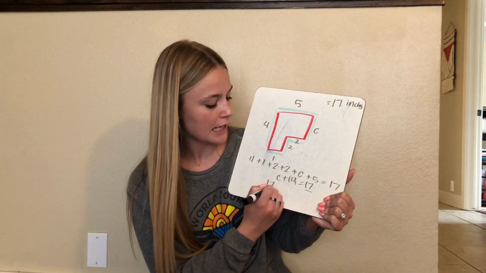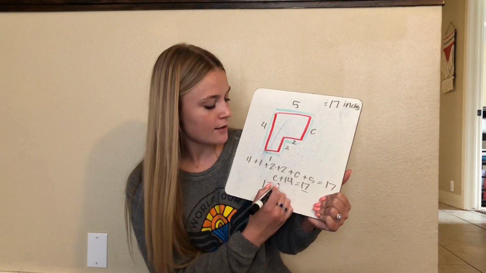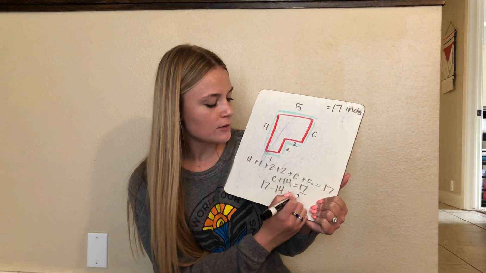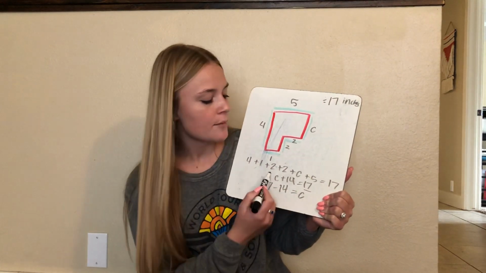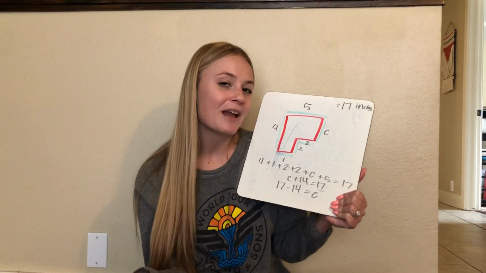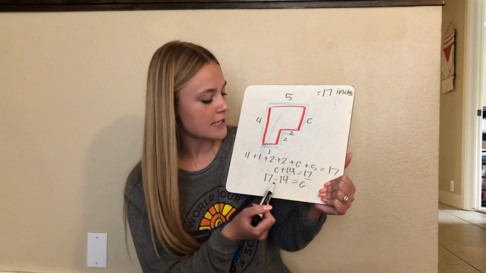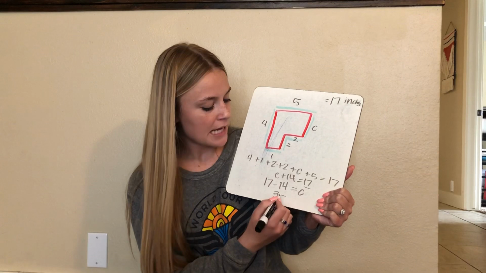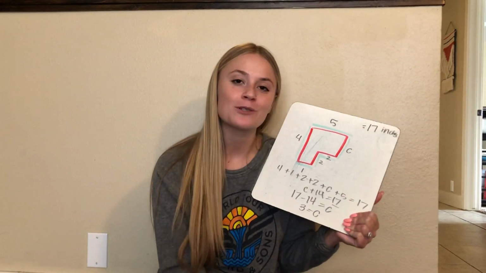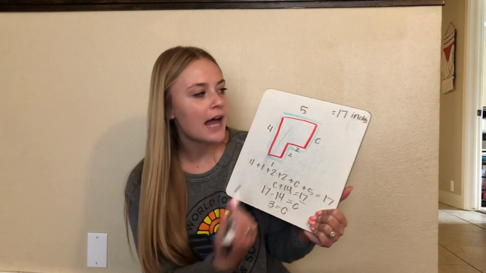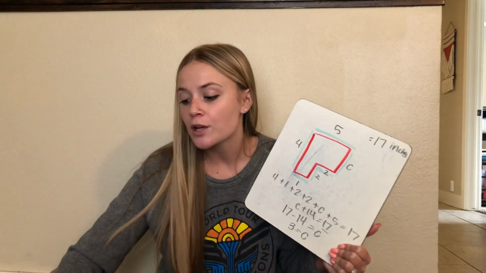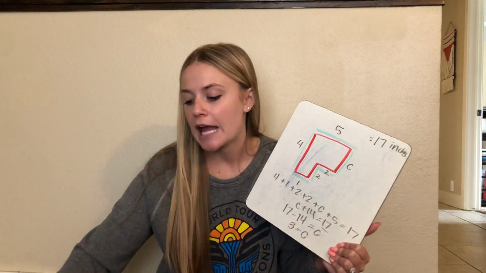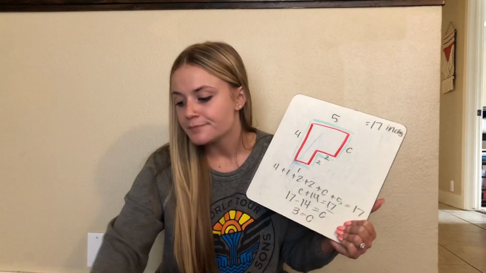So 17 minus 14 equals C. See how I'm using the same numbers? This is my fact family. So 17 minus 14 is 3, which means C equals 3. So that was lesson 3, which is finding unknown side lengths.